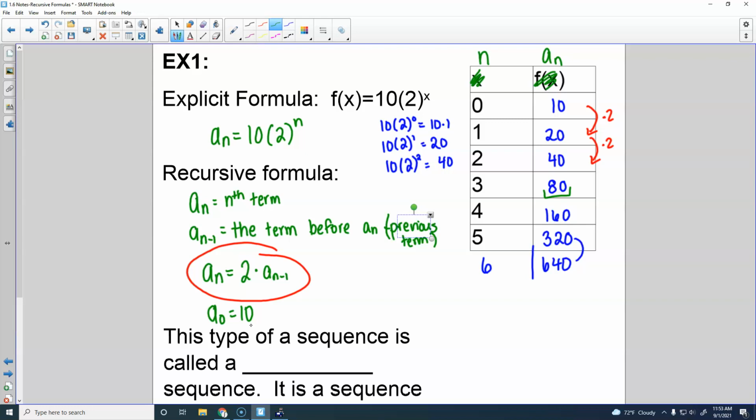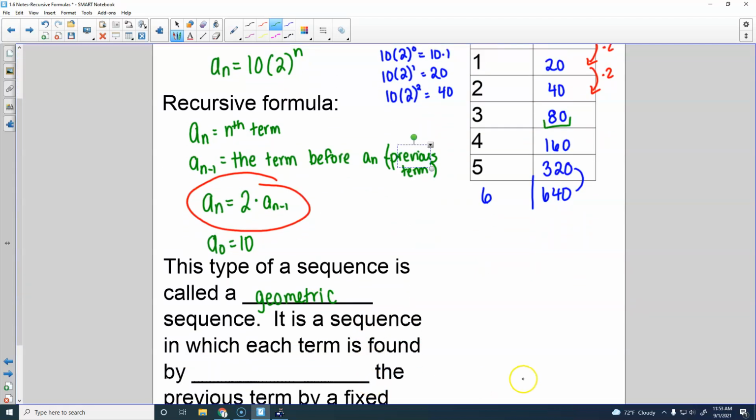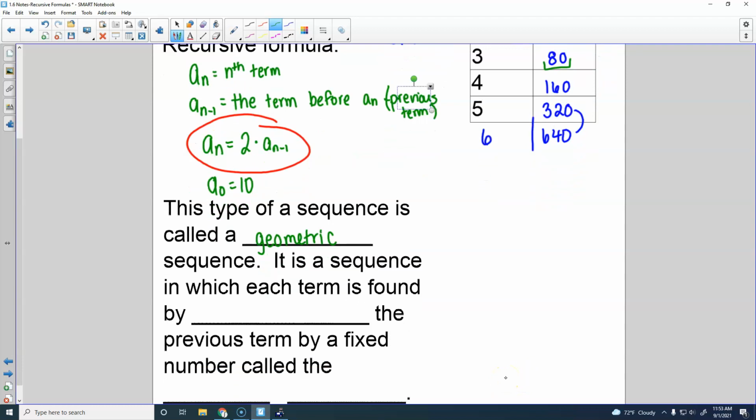Now, this particular type of sequence is called a geometric sequence. It is a sequence in which each term is found by multiplying the previous term by a fixed number called the common ratio.